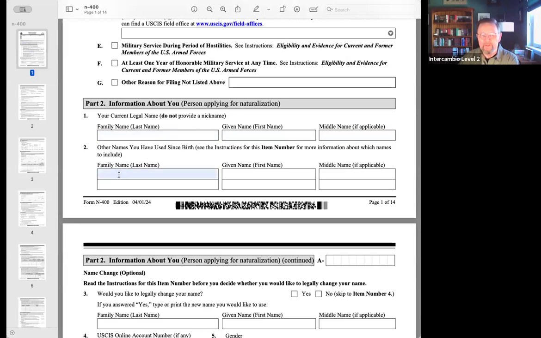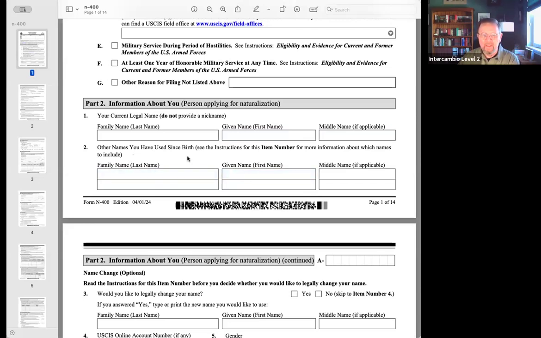All right. Other names that you've used since birth. And here is where you would use maybe a nickname. A nickname is a shortened version of your first name. For example, my name is James Ferrero, but everyone calls me Jim. Jim is my nickname. So if I was filling this out, I would have Ferrero, James. My family name down here under part 2 would be Ferrero, Jim.